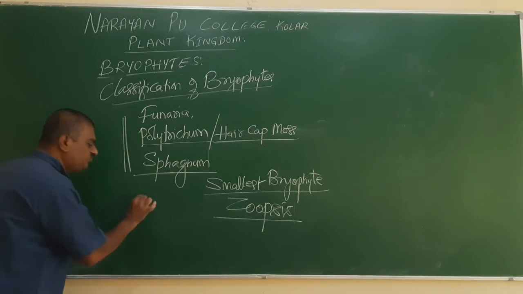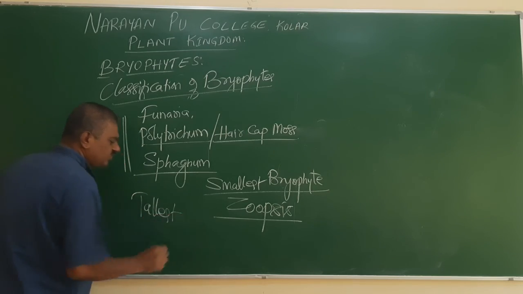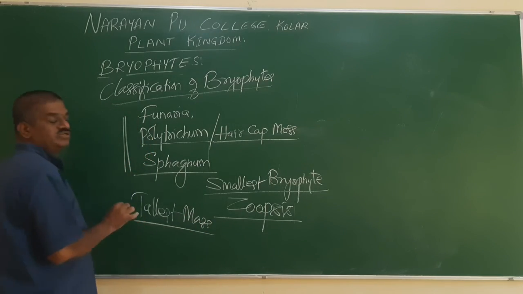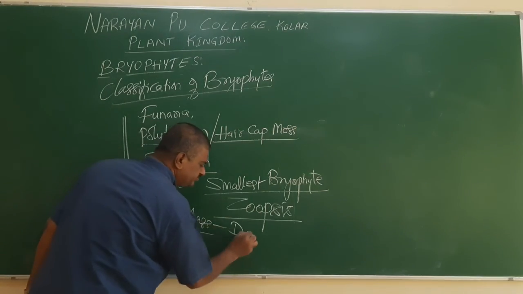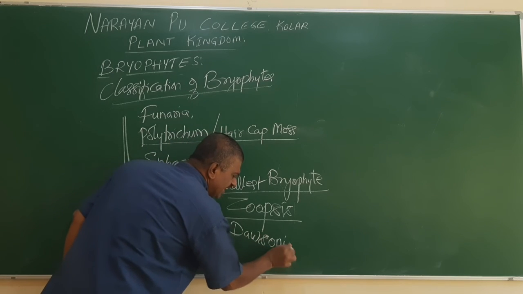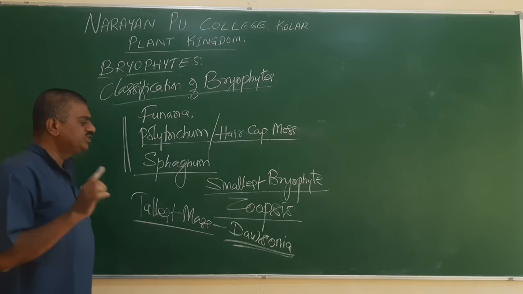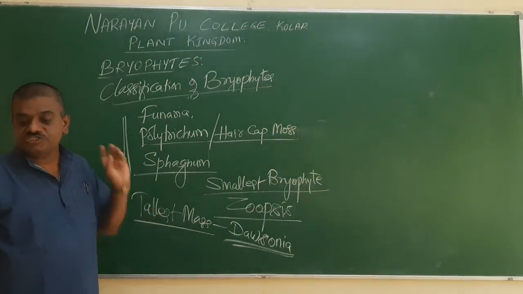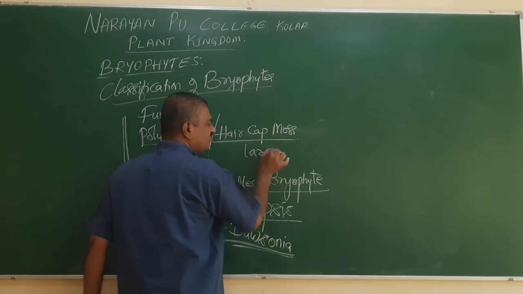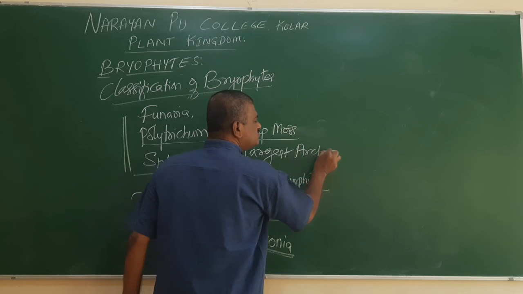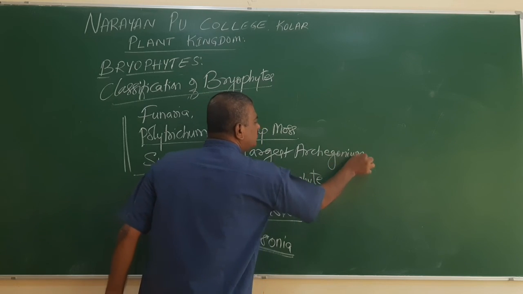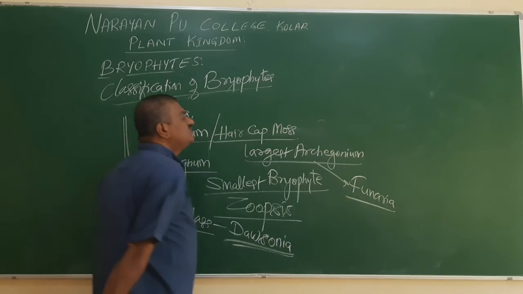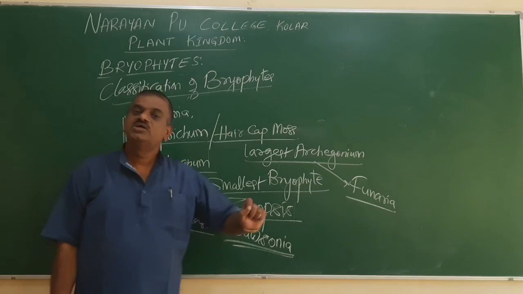The tallest moss is called Dawsonia. This is called the tallest moss, and the smallest one is Zoopsis. And the other one is the largest archegonia, which is present in Funaria. So these are some of the important words related to the bryophytes.